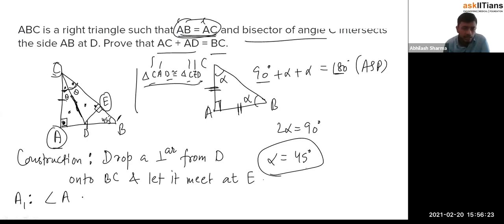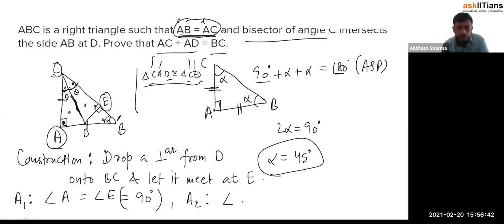Angle A equal to angle E, both are equal to 90 degree. This is the reason. Okay, now why is angle E equal to 90 degree? By construction. Okay, now let us talk about angle 2, which is that angle ACD.